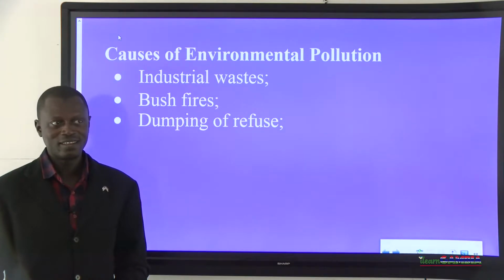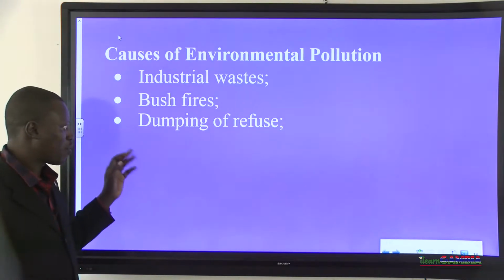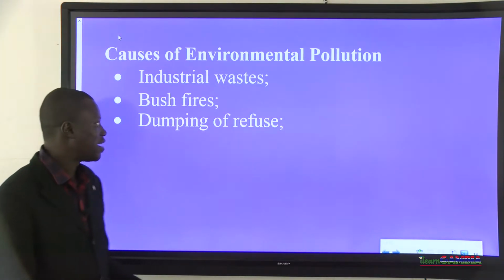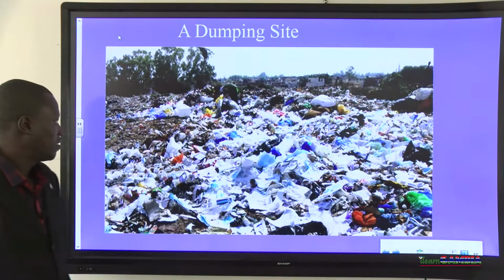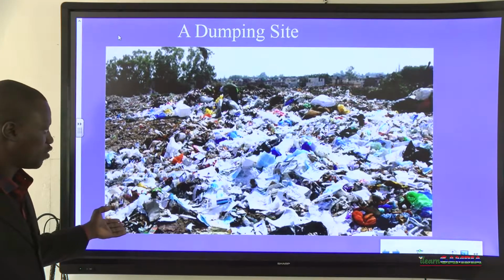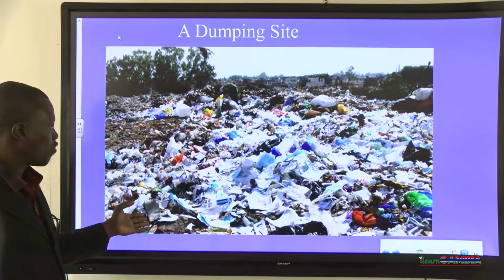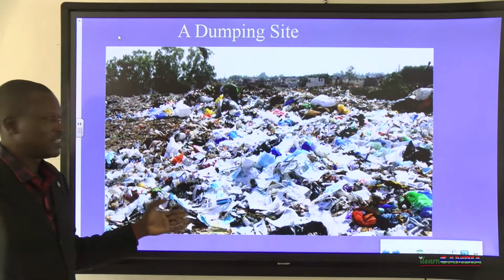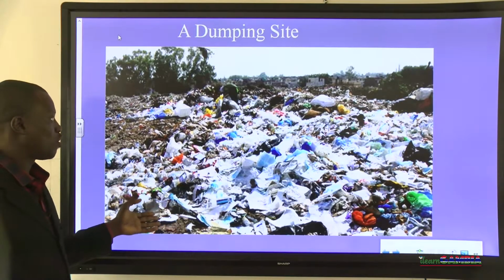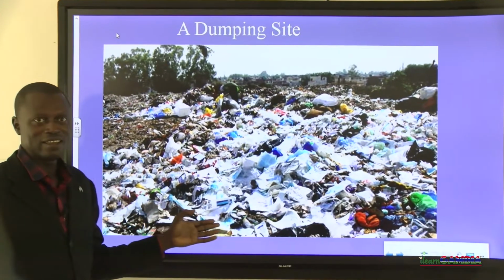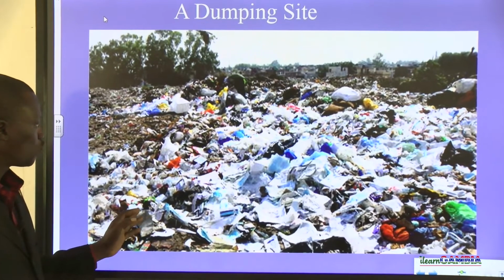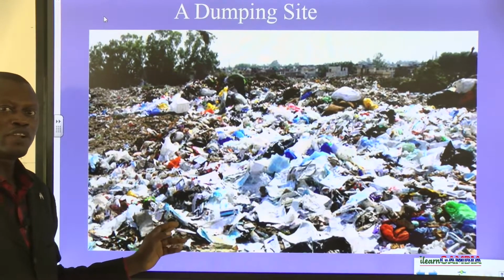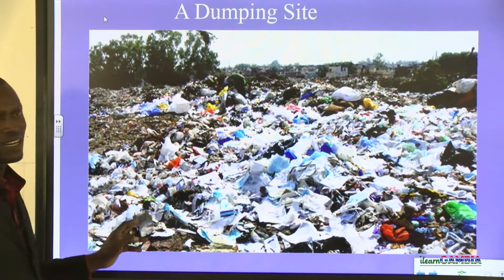dump site. Now, for those who visited the Bakote dump site, here is an image of one of the dump sites. If you look at the image of this dump site, it resembles that of the Bakote dump site, although it is not actually the Bakote dump site, but most of the refuse you are seeing here, if you move to the Bakote dump site, you will be seeing them.